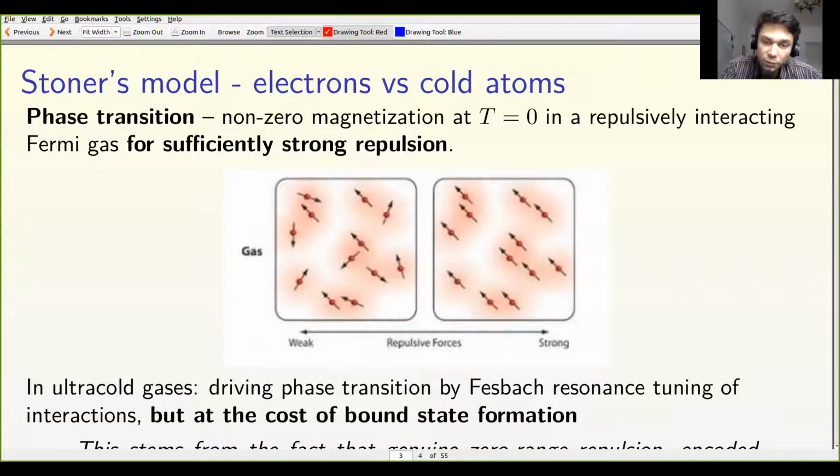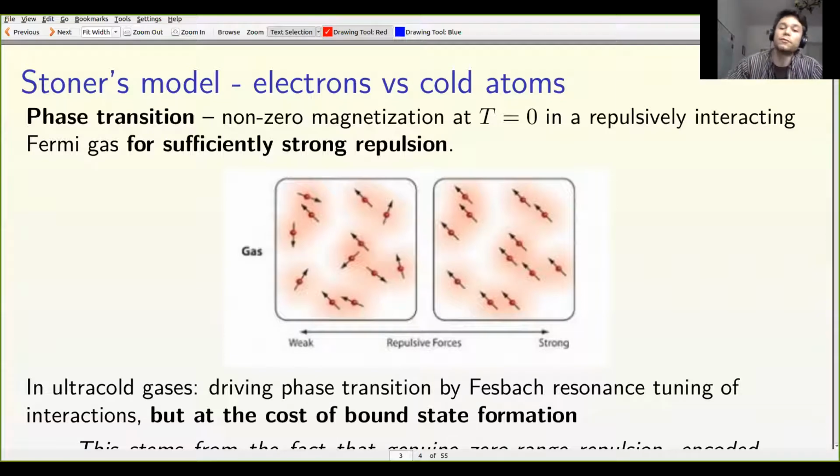So if you want to have Feshbach resonances in your system, then you have to pay a cost of having an interparticle potential that has a bound state. Okay, so this is different to Coulomb interactions, which are just purely repulsive interactions without a bound state.